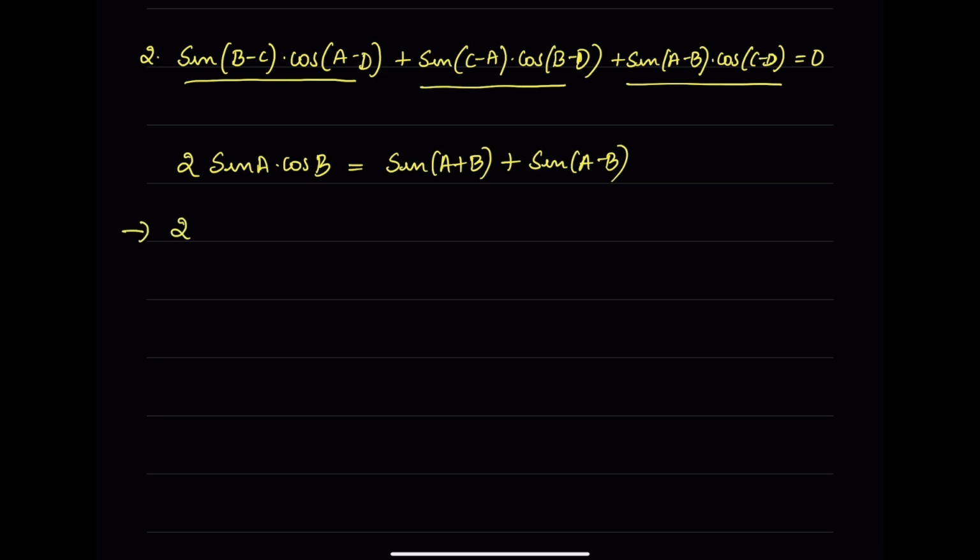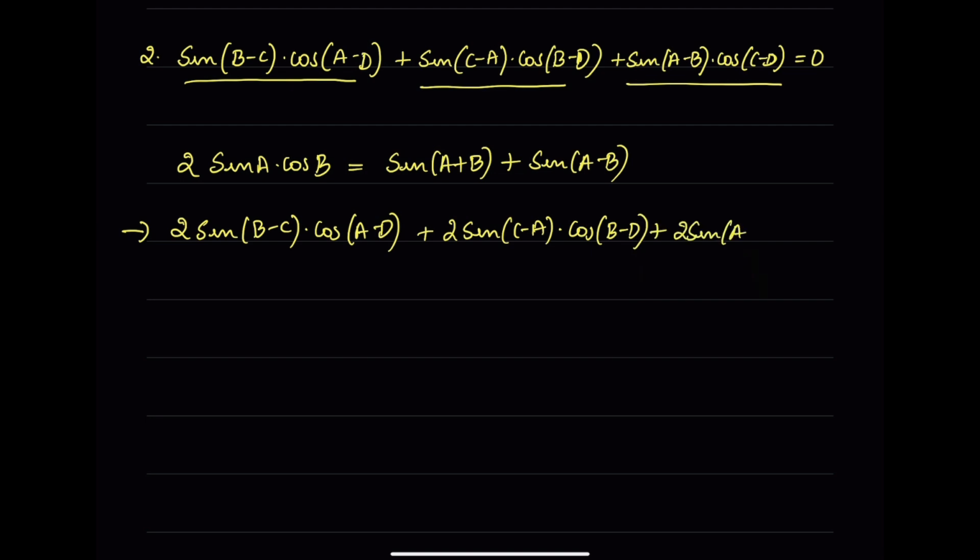So our question can be rewritten as 2 sine of (B minus C) times cos of (A minus D) plus 2 sine of (C minus A) times cos of (B minus D) plus 2 sine of (A minus B) times cos of (C minus D).